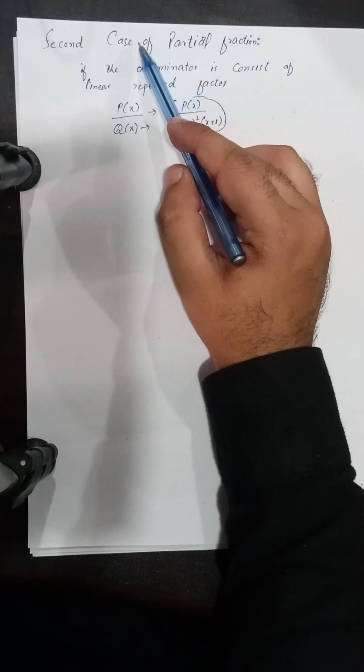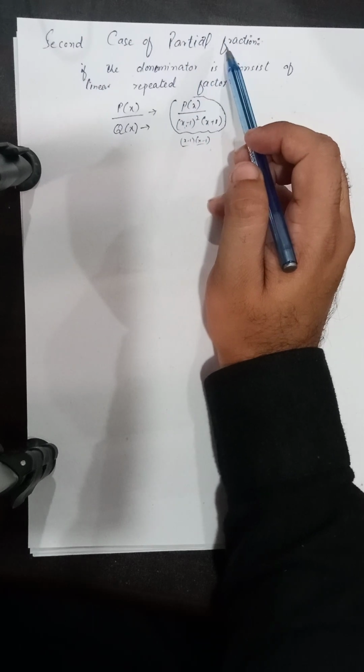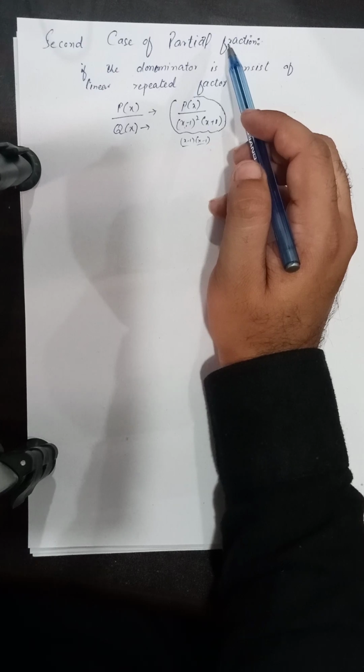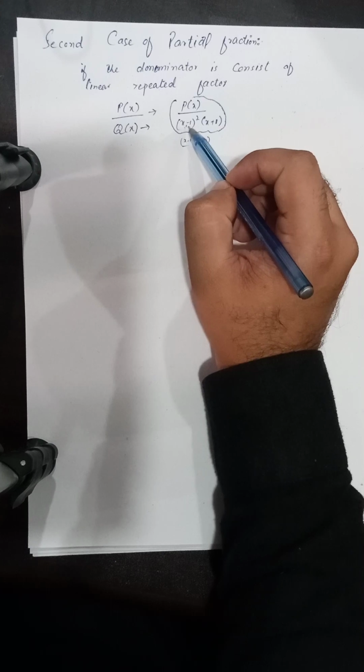So in this case, the scenario of partial fraction is separate from the first case. So how can we apply the partial fraction tool if the denominator consists of linear repeated factor?